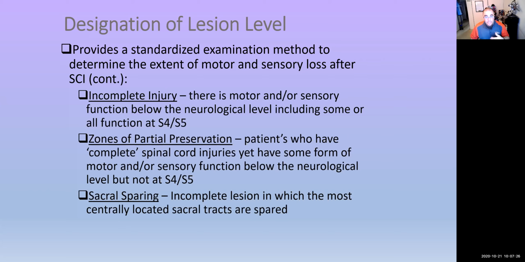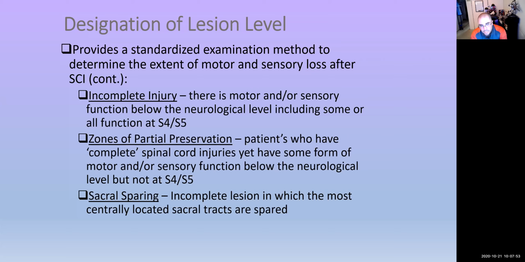These are patients who have complete spinal cord injuries, in quotes, where they have no bowel and bladder control, but they have some motor and sensory function below the neurological level. So if I'm again a T4, maybe T6 is fully or partially functional, but I have no bowel and bladder. That means at T6, I would have a zone of partial preservation.